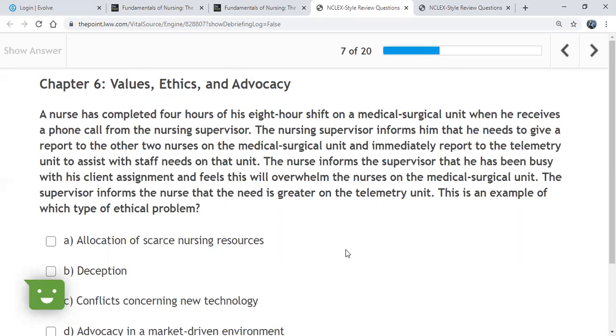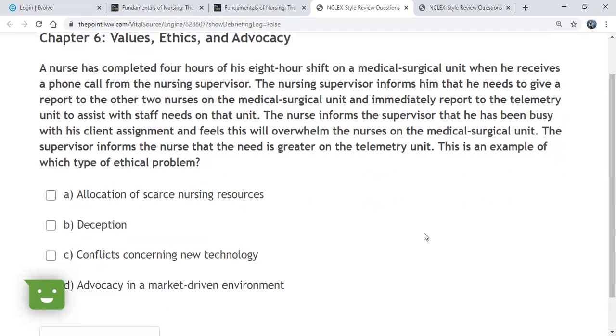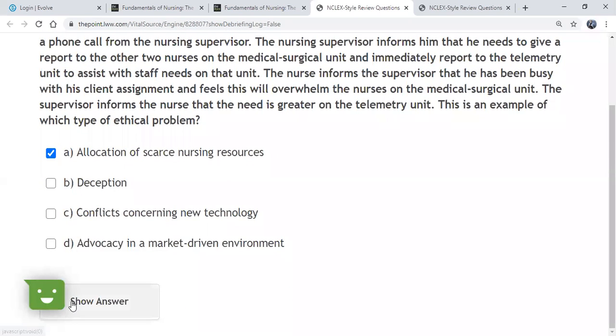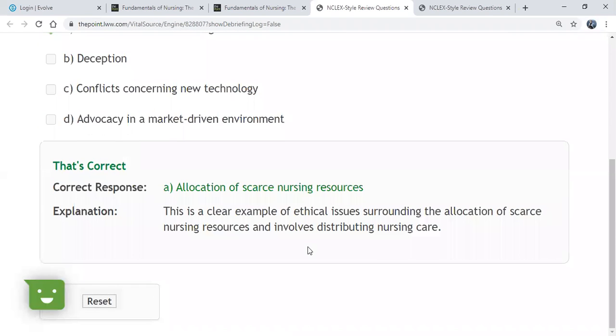The supervisor informs the nurse that the need is greater on the tele unit. This is an example of which type of ethical problem? A. Okay, good. Allocation of scarce nursing resources.